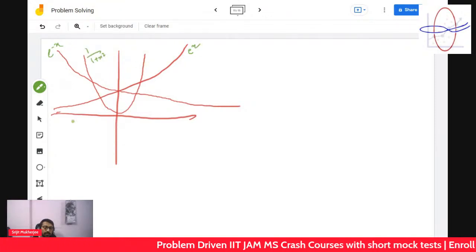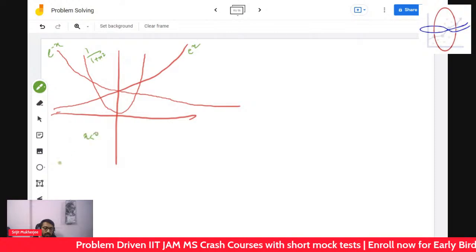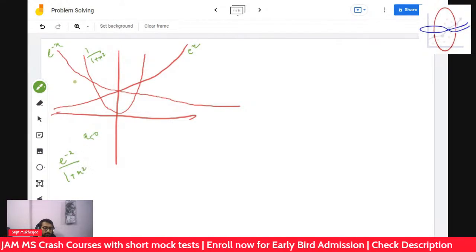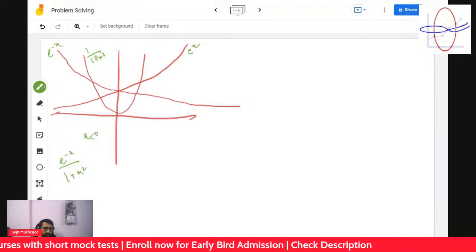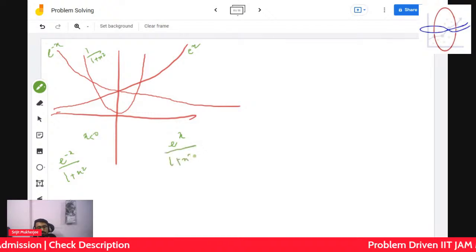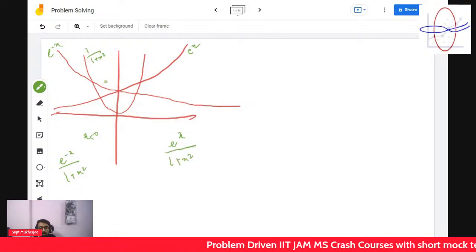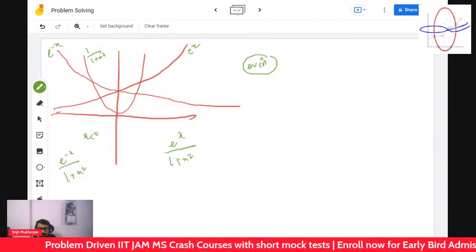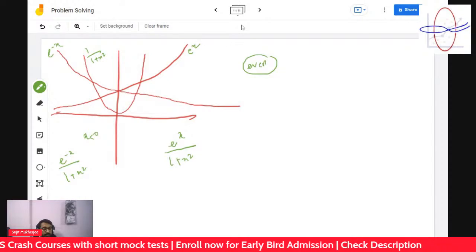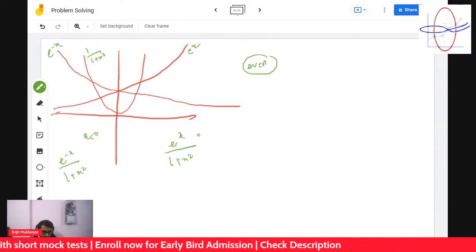So here, the left hand side for x less than 0 is e to the power minus x by 1 plus x square, and here is e to the power x by 1 plus x square. It's an even function. You can easily understand that.